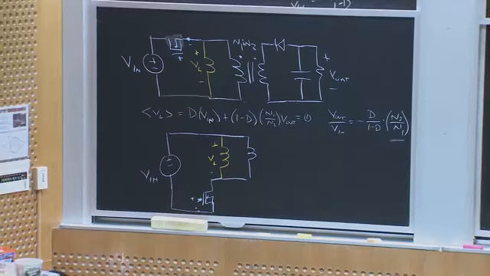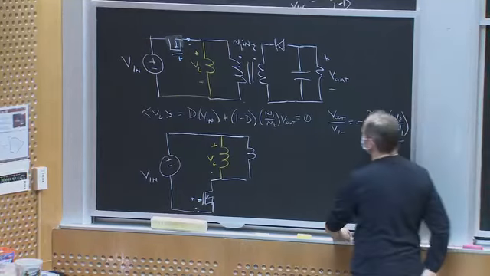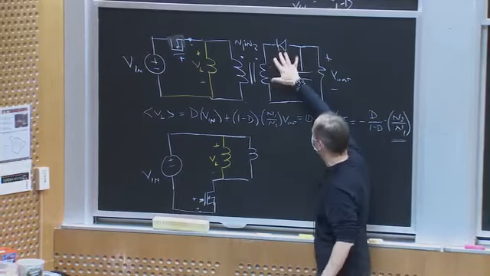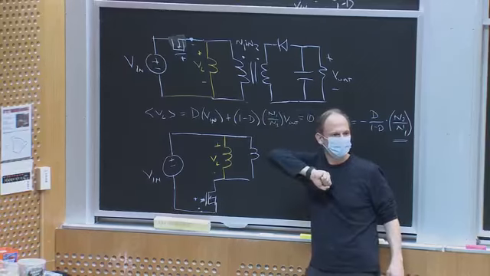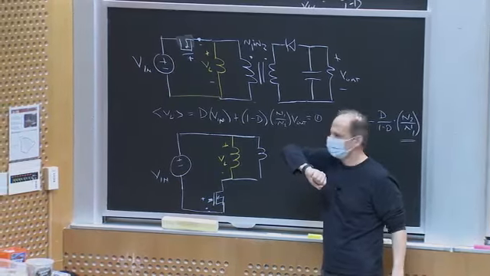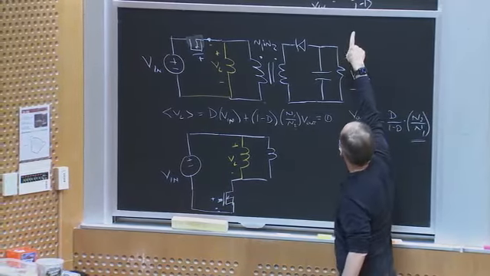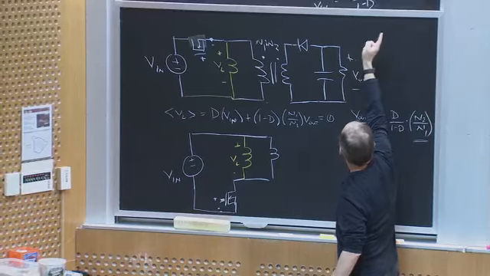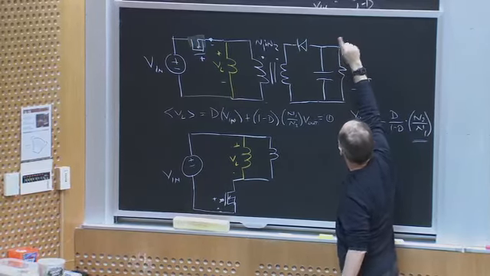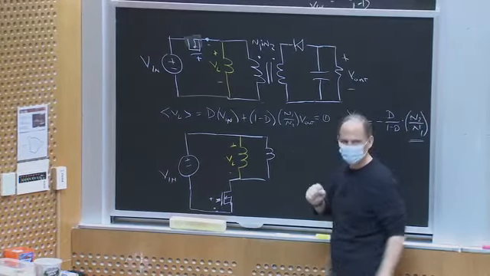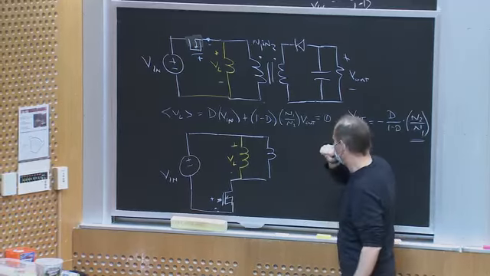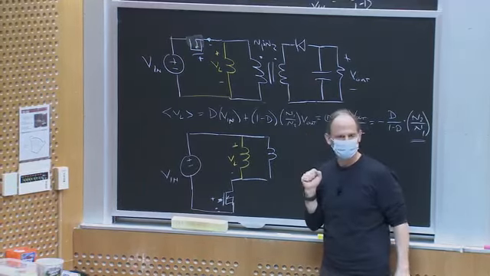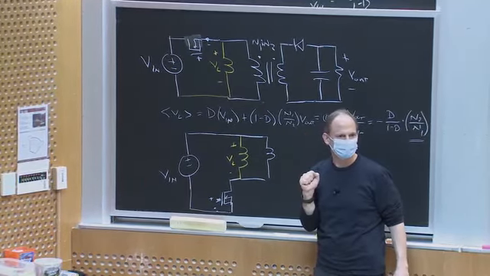What's another thing I could do here? There's nothing that says which way this output has to be referenced, right? In the original circuit, I was forced into this inversion between output and input by the orientation of the inductor. Well, here, I could just flip this transformer around if I wanted.